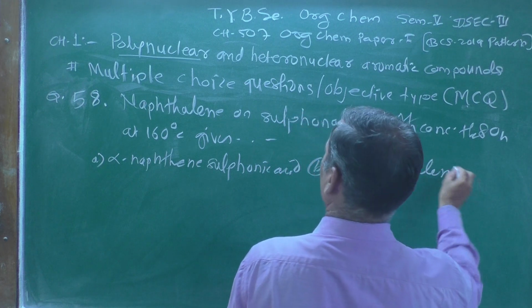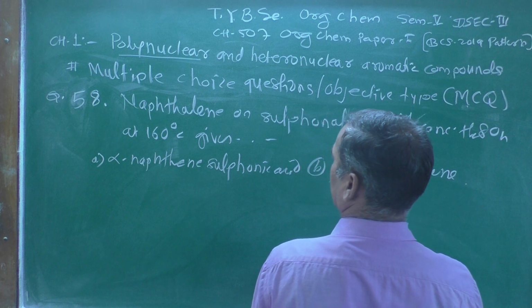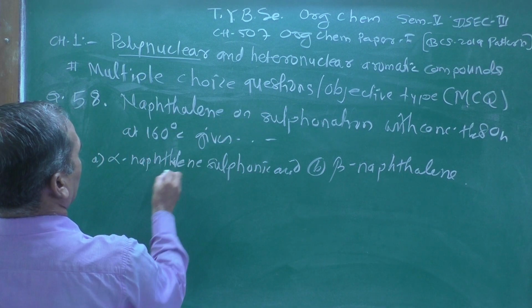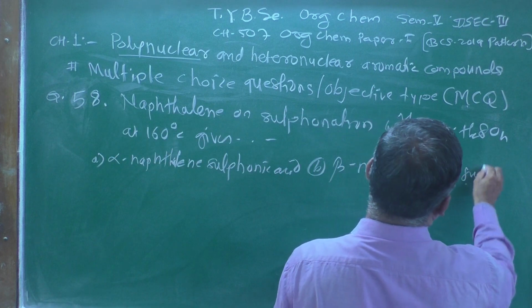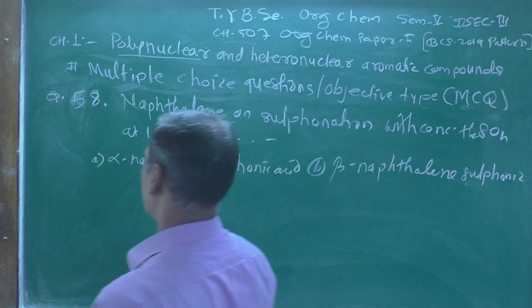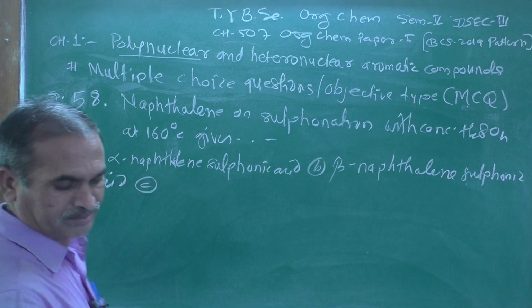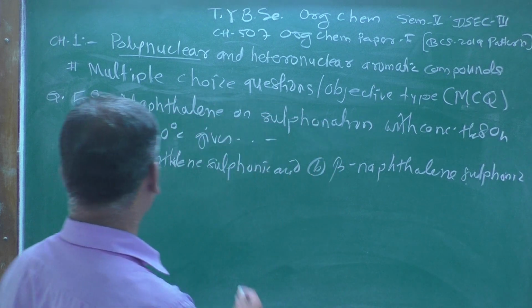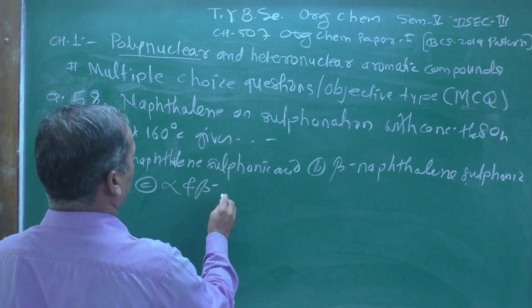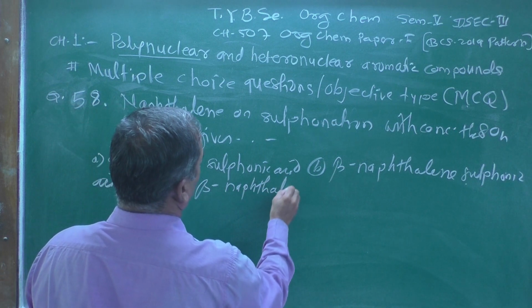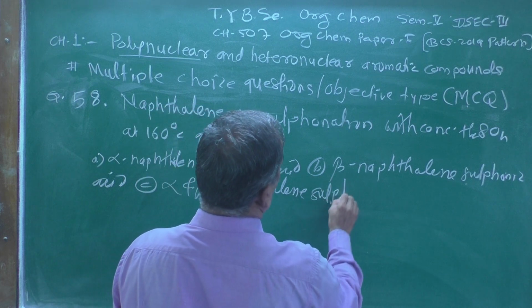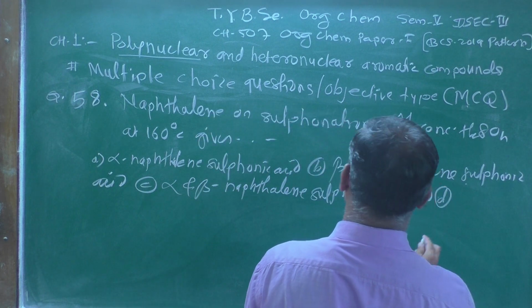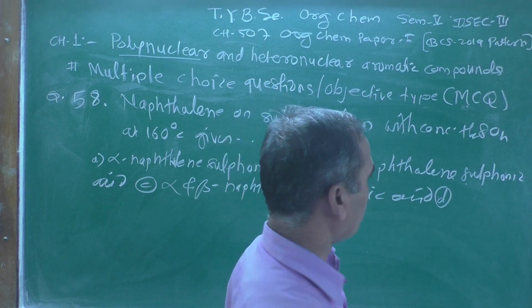Beta naphthalene sulfonic acid, and C is alpha and beta naphthalene sulfonic acid, and D is none of these.